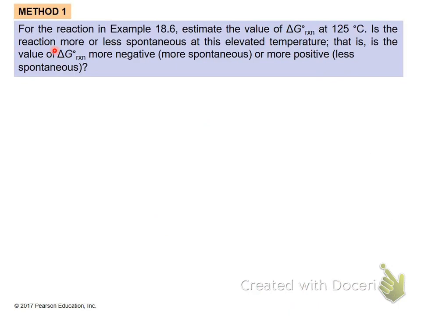For the reaction in example 18.6, which is basically the previous example, estimate the value of delta G of reaction at 125 degrees Celsius. And is it more or less spontaneous compared to the previous example? We'll use the same equation here. Delta G of reaction is equivalent to delta H of reaction minus T delta S of reaction.